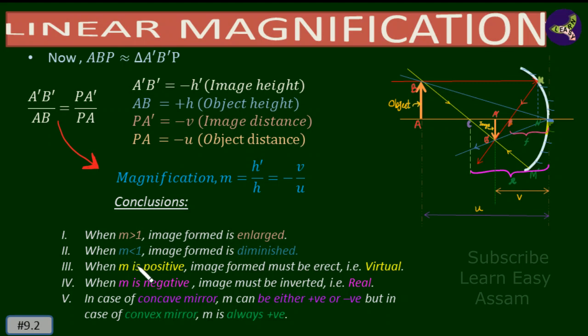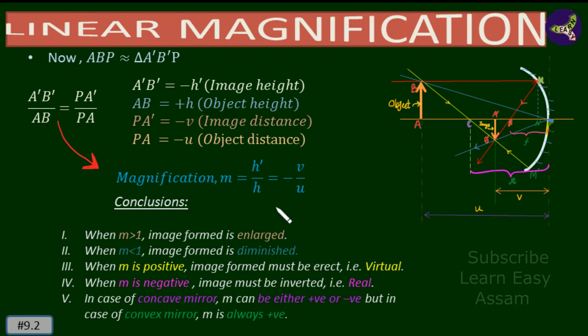And when magnification m is positive, the image formed must be erect, that is virtual. And if m is negative, then the image will be inverted, or we can say the image will be real. In case of a concave mirror, m can be either positive or negative. But in case of a convex mirror, m cannot have a negative value, so it must always have a positive value.